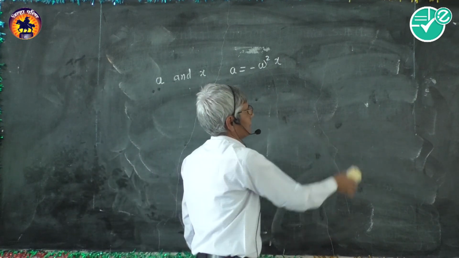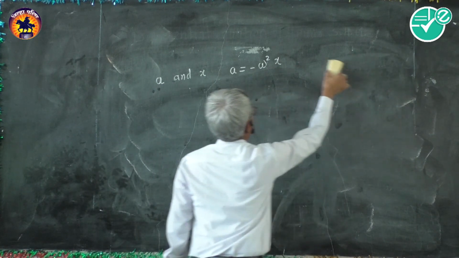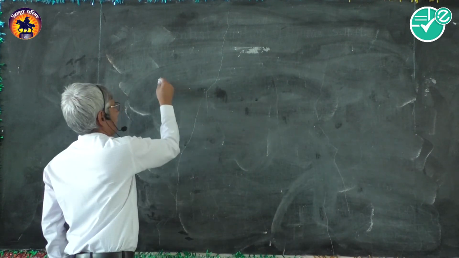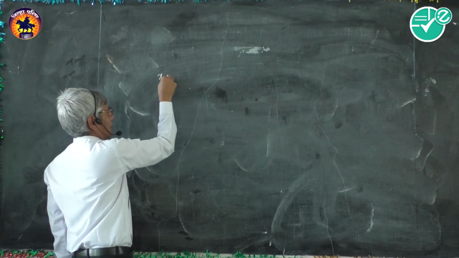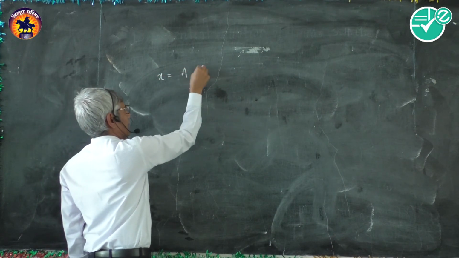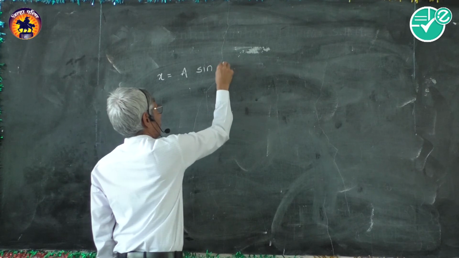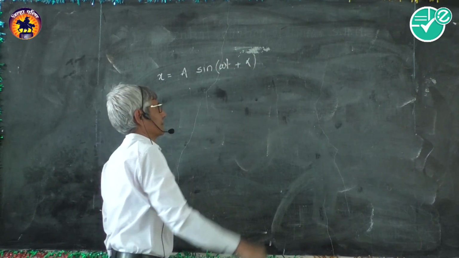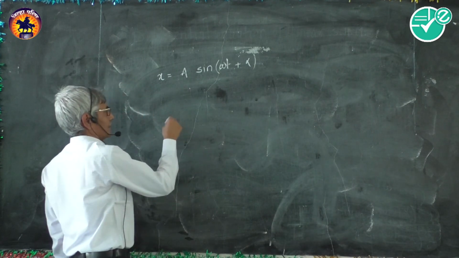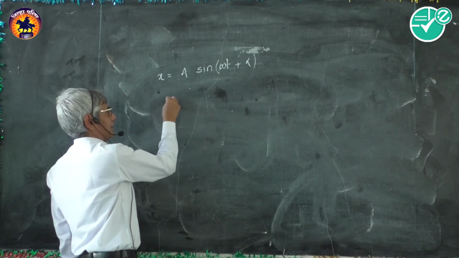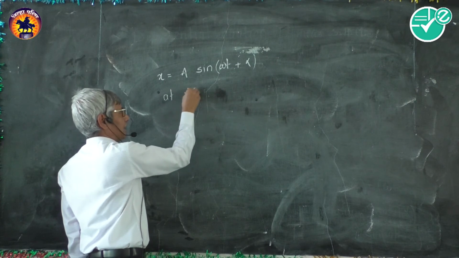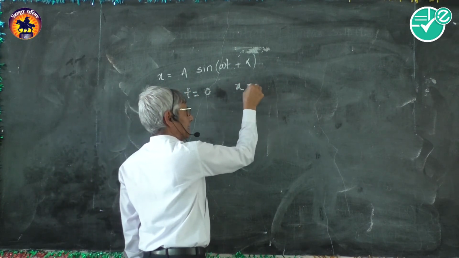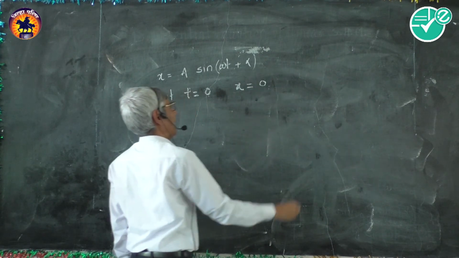Now we will discuss the minimum and maximum values of the displacement. x is equal to A sin(omega t plus alpha). We can write at t equal to 0, say the particle starts its S.H.M from the mean position, x is equal to 0.